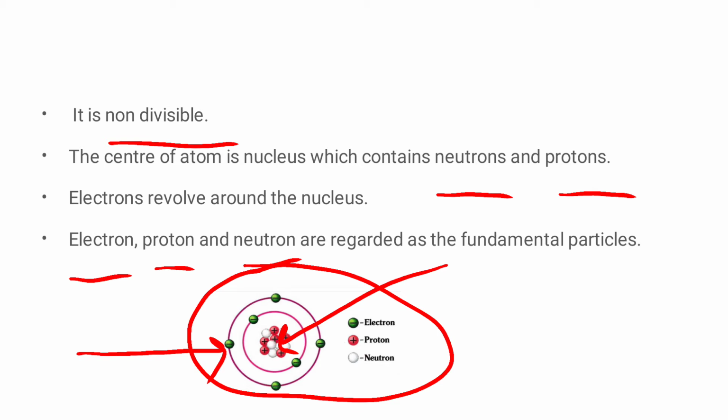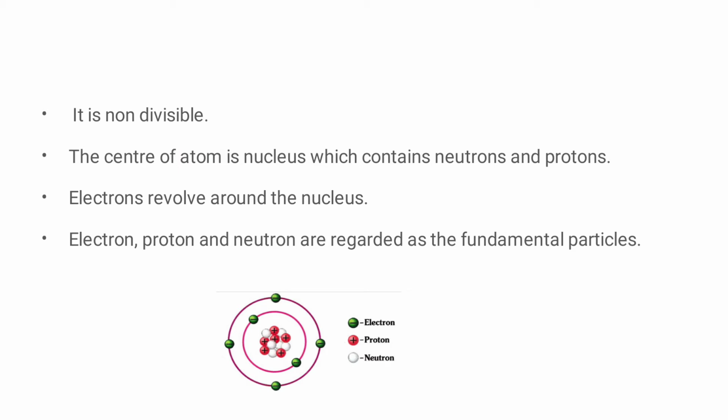All these are collectively called the fundamental particles, that is, the basic particles. Now, the thing we have to keep in mind is that neutrons are neutral, while protons are positively charged and electrons are negatively charged. This is the basic overview of the atom.